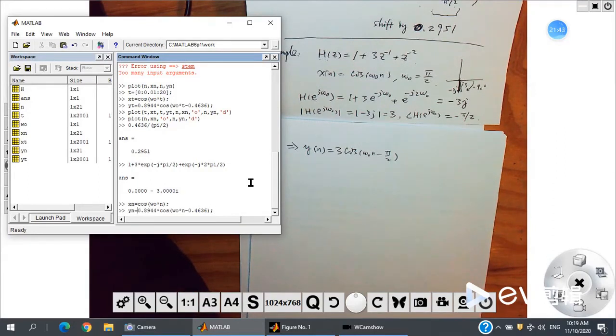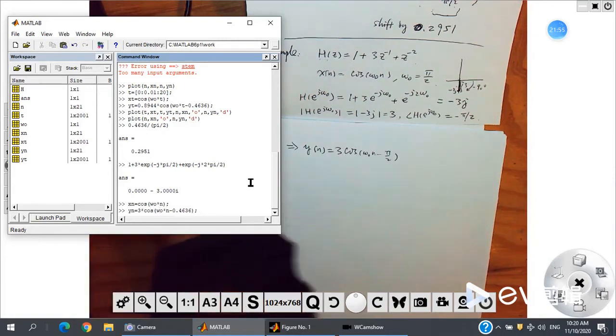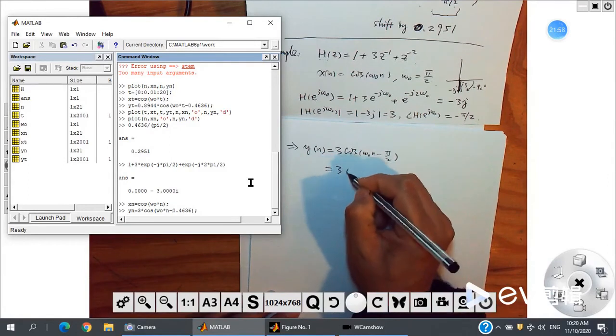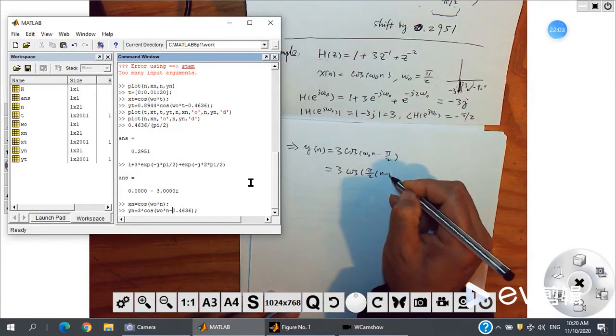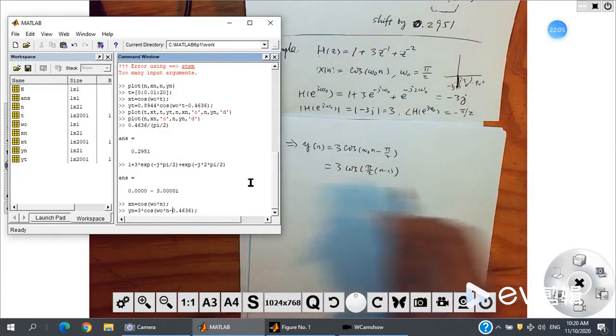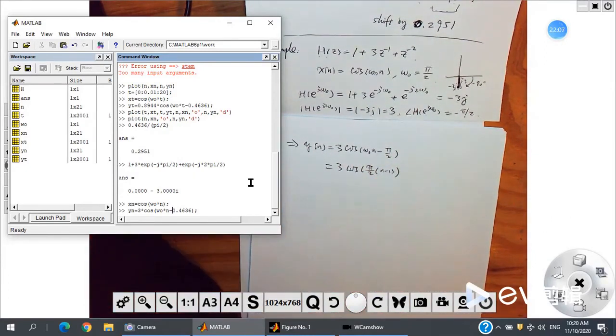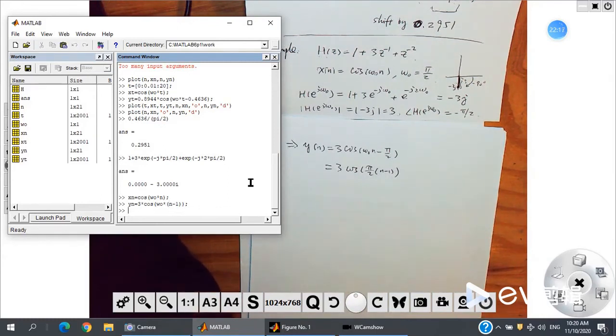Now the magnitude is changed by 3, and the phase angle is minus pi over 2. Actually, pi over 2 is just omega 0, right? So we can write 3 cosine of omega 0 times n minus 1, like this. Okay, it's shifted by 1, right? This is n minus 1. This is y[n], x[n] and y[n].